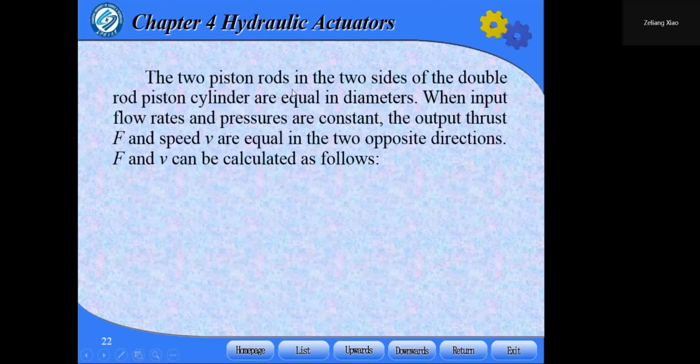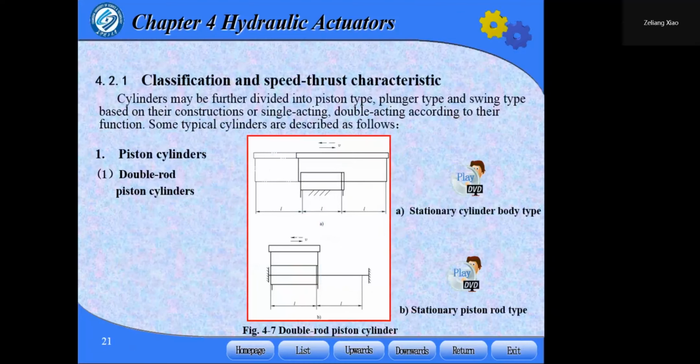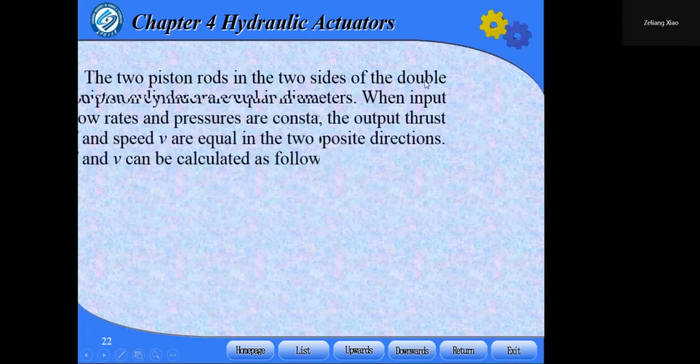The two piston rods on two sides of the double rod piston cylinder are equal in diameter.